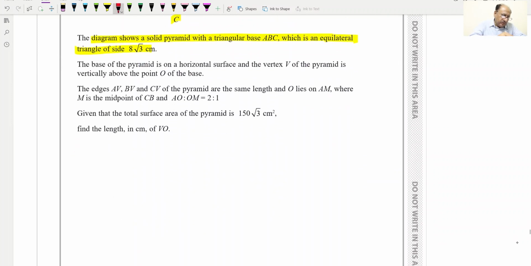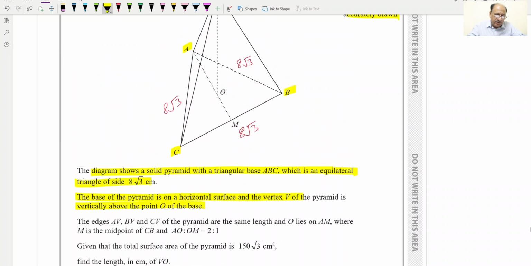Now the next description: the base of the pyramid is on a horizontal surface and the vertex V of the pyramid is vertically above the point O on the base. So V is vertically above. It means that this angle is a 90-degree angle.